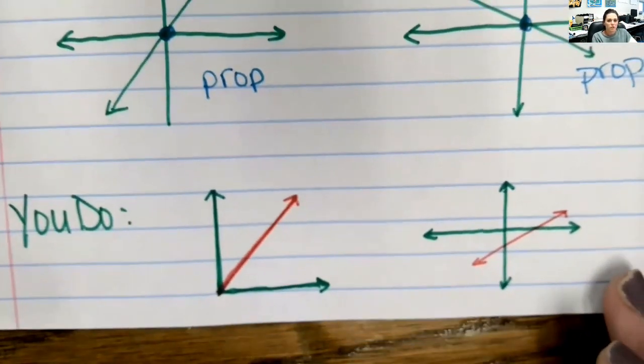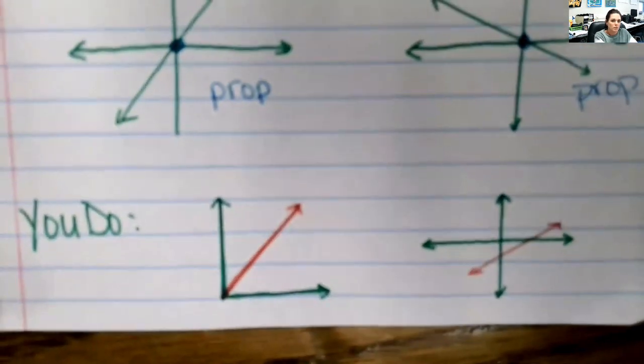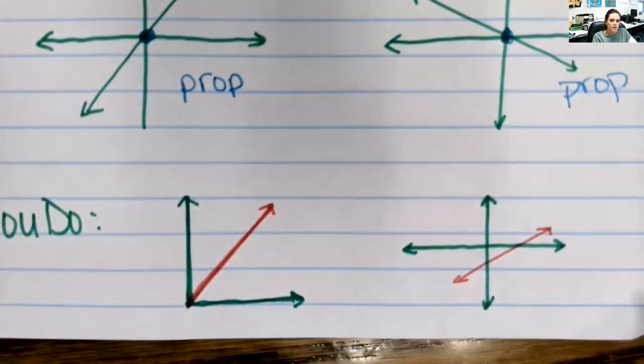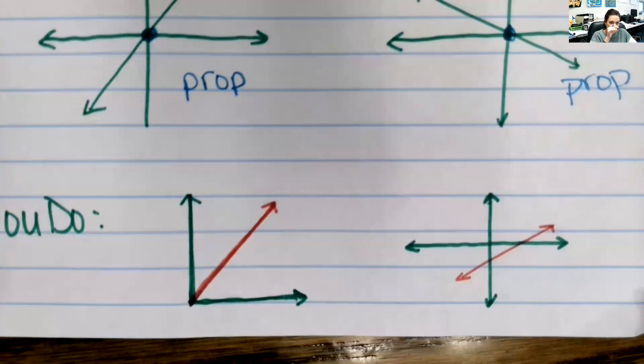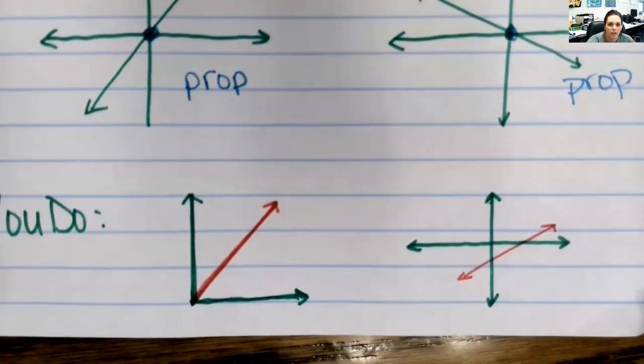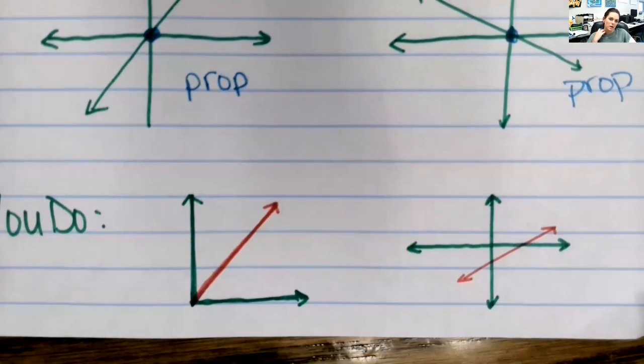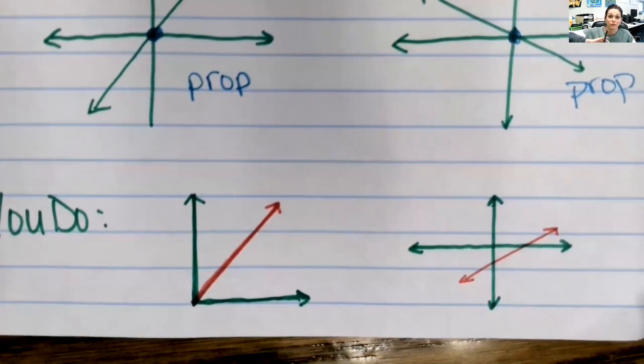All right, so I have 2 you-dos for you. We're going to refocus the camera as well. Please draw these 2. Once you have them drawn, you're going to head into your breakout rooms and say hi to your classmates. Make sure you know the difference.